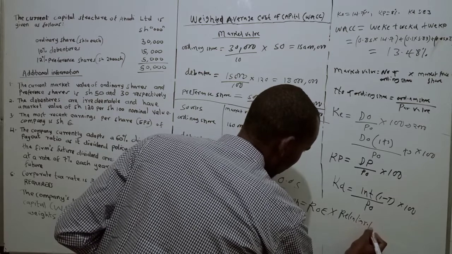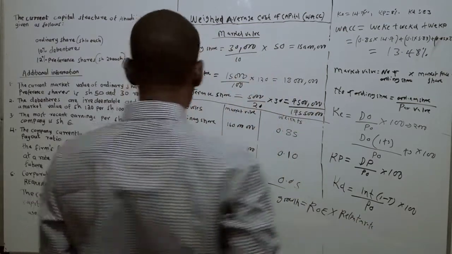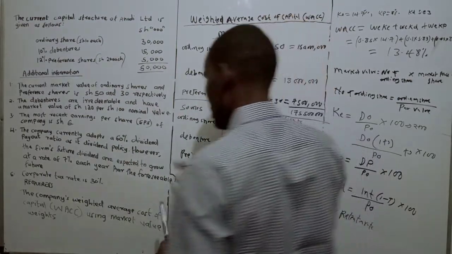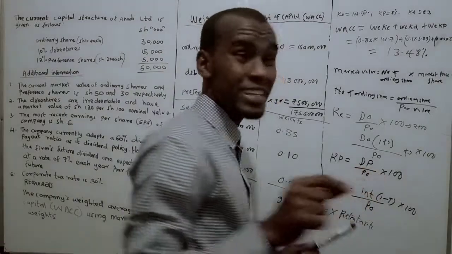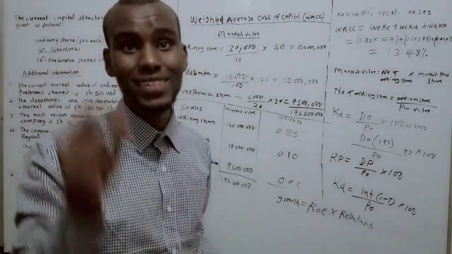Remember, retention rate means, for our case here, 60% of the dividend was paid. If 60% was paid, 100 minus 60 was retained. That means 40% was retained.